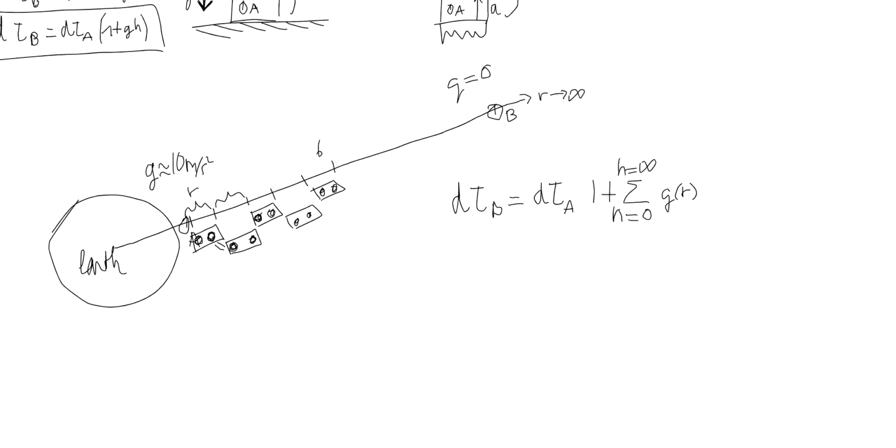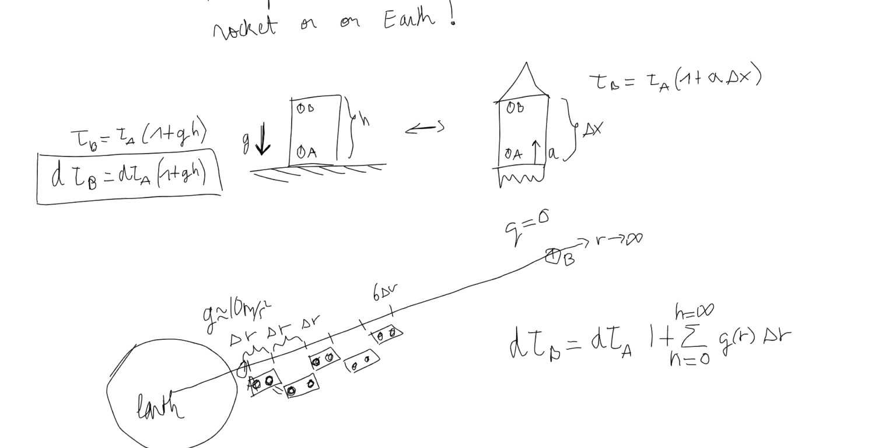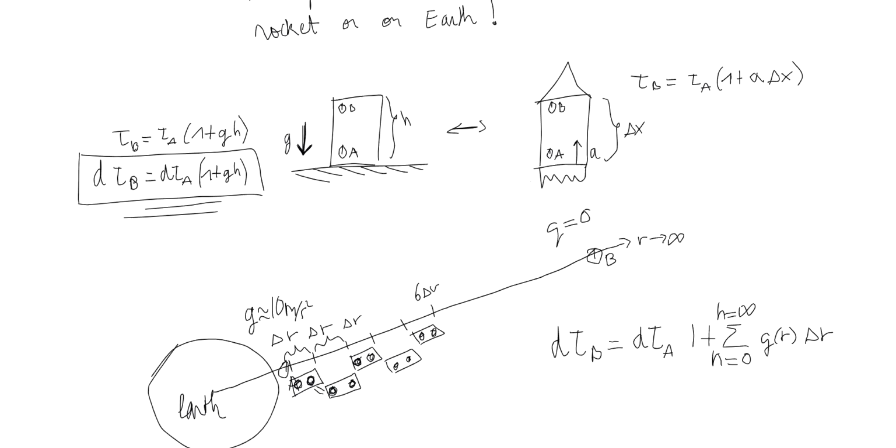Those small steps are delta r, so this is actually 6 delta r. So I have to do the sum of g(r) delta r, and this I didn't invent. It comes from everything that we derived mathematically before.